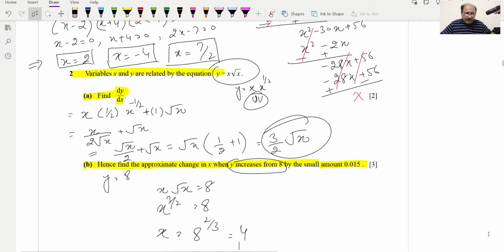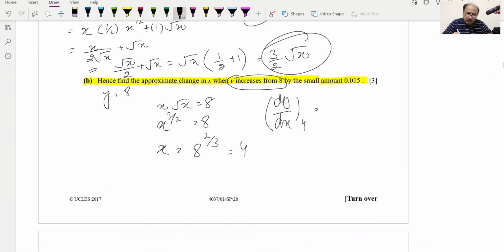Now we will find dy by dx at 4. The dy value is 0.015, this is what they have given.